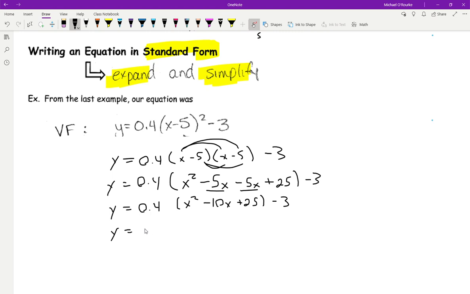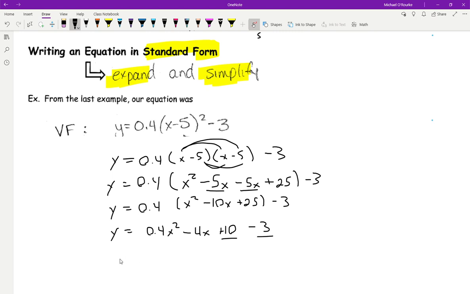Oh, maybe it won't be that ugly. 0.04x squared minus 0.4x, and then that will be plus 1 minus 3.